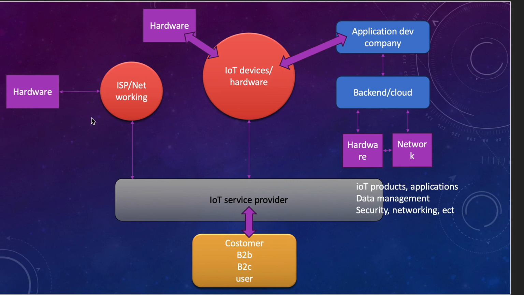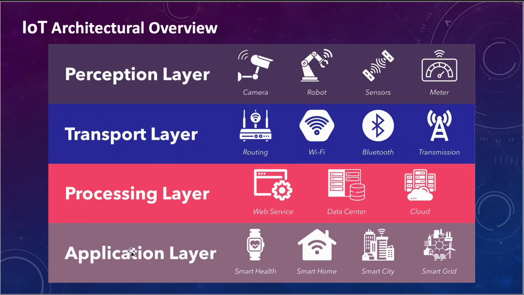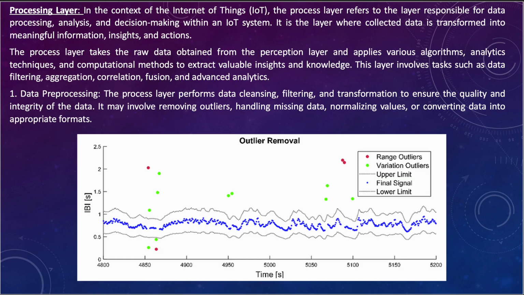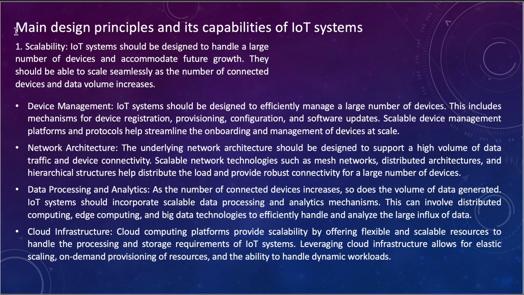The next step would be to check whether the IoT architecture, or the IoT system that they are giving as a solution, has the common design principles, which would be scalability.